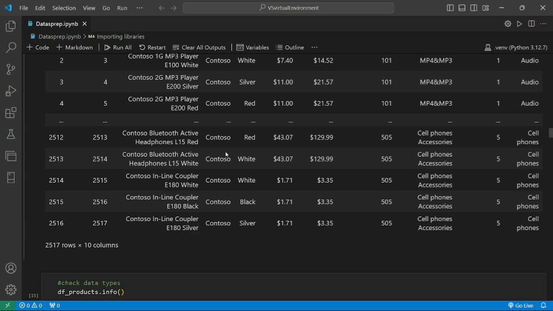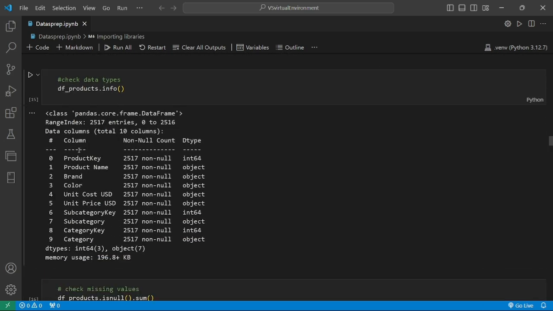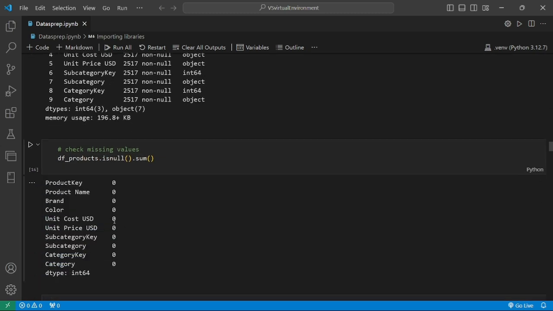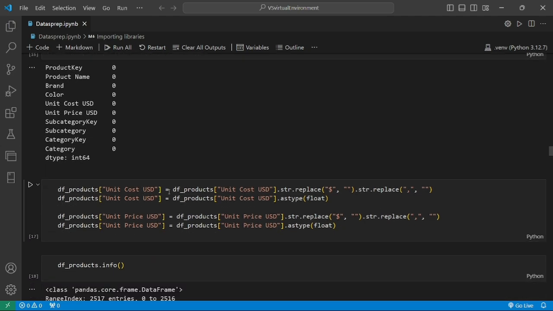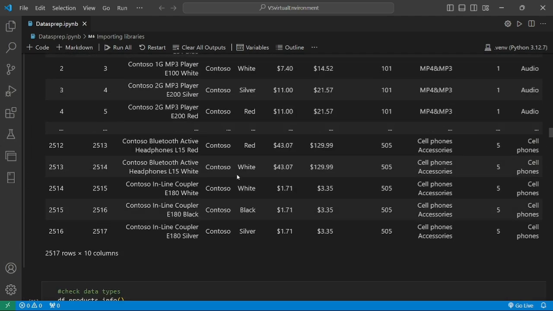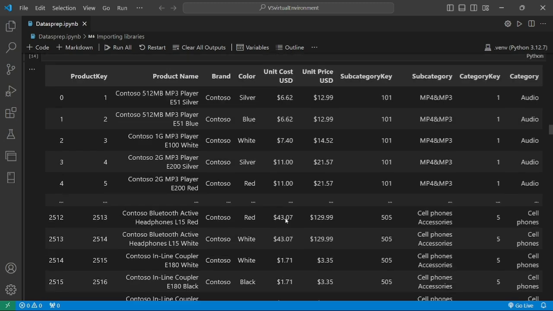Let's see what I did. df products info, let's see, there are no null values, so it's okay. Now what we are doing here is, in unit cost there is a dollar symbol, but we need it in numbers. If there is a dollar symbol, it's not considered a number, it's like text.